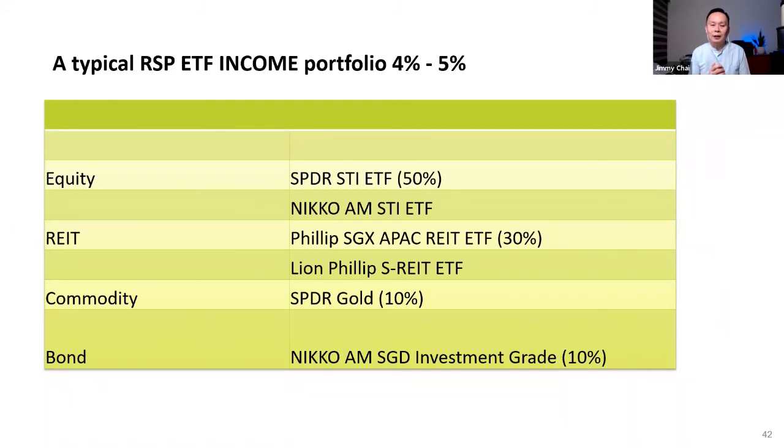So for those who like income or dividends, you can use this as an example: 50% of the ETF is in equity, in STI ETF, 30% in REITs ETF, then I will put 10% in gold, just to stabilize the portfolio itself, and then 10% in bonds. A typical portfolio like this will give you about 4 to 5% on a fixed income.